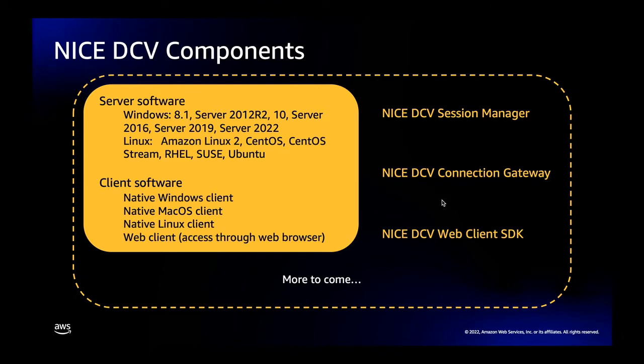Outside of these core DCV software, we also have optional components that, depending on your need, you can use, including the session manager, the connection gateway, and the web client SDK. We definitely have plans to build more components in the future.